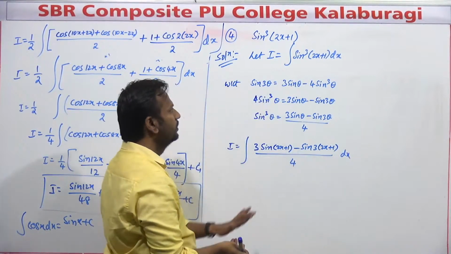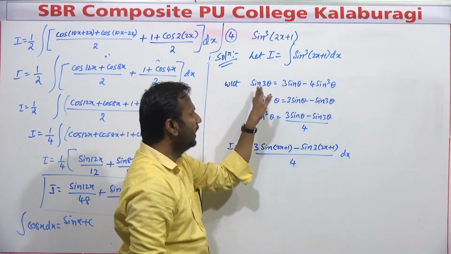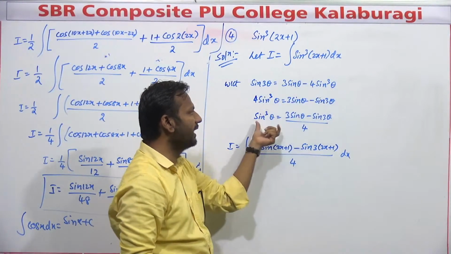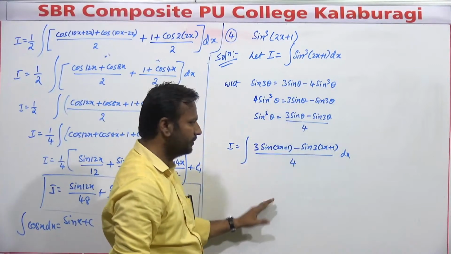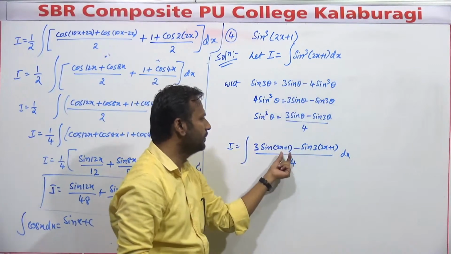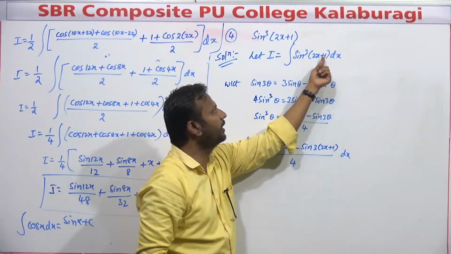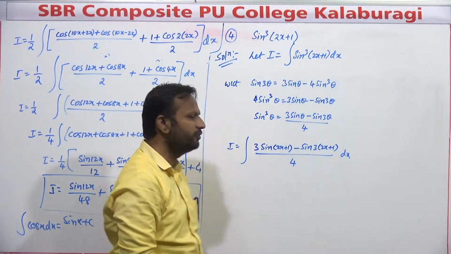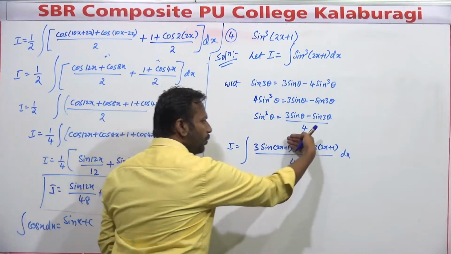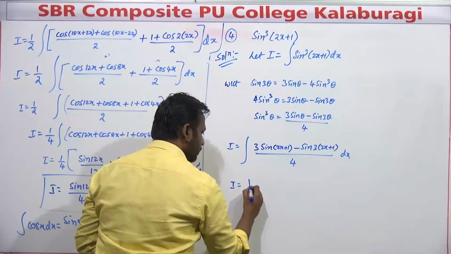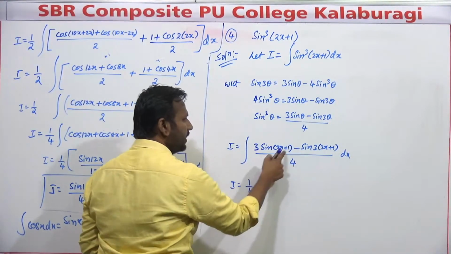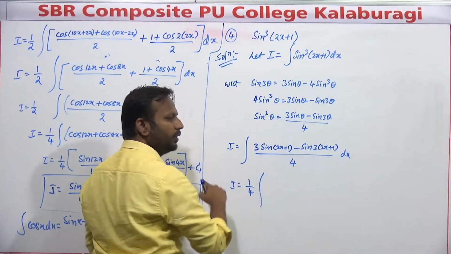Got it now? I used the sine 3 theta formula. In sine 3 theta, we have the sine cube form. I extracted it this way and applied sine cube theta like this: 3 sine of 2x plus 1 minus sine 3 times 2x plus 1, whole divided by 4. Further, simplify. 1 by 4 is constant, take it outside the integral sign. 3 sticks with the first term, we can't take 3 outside.